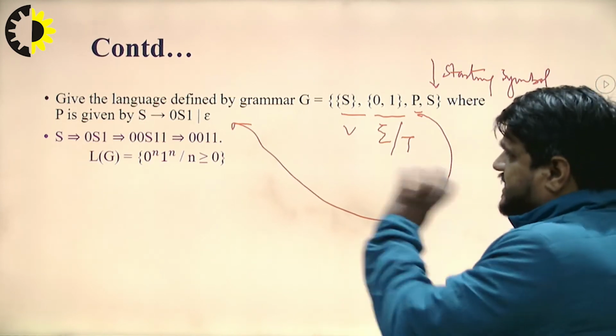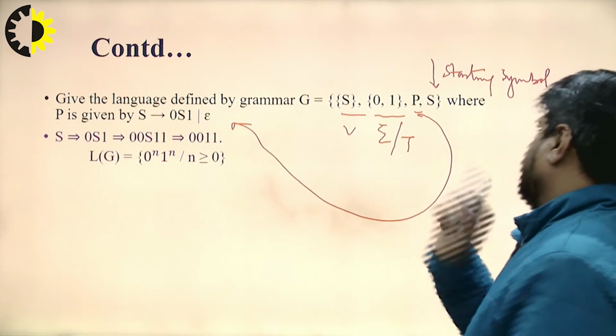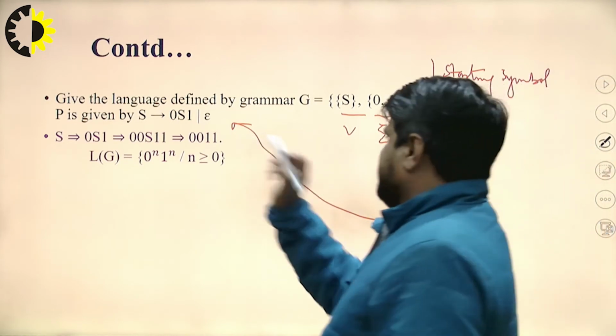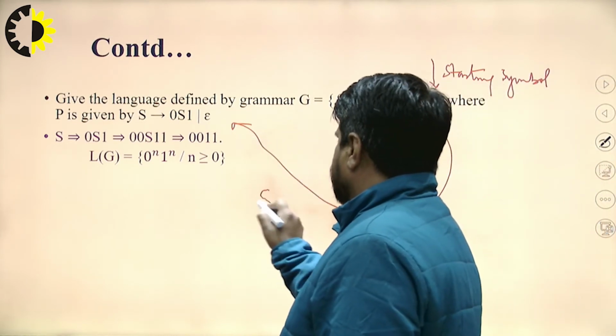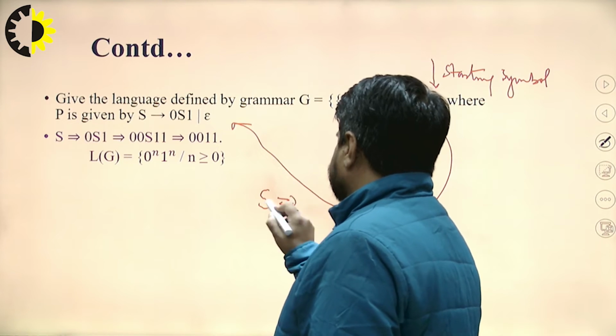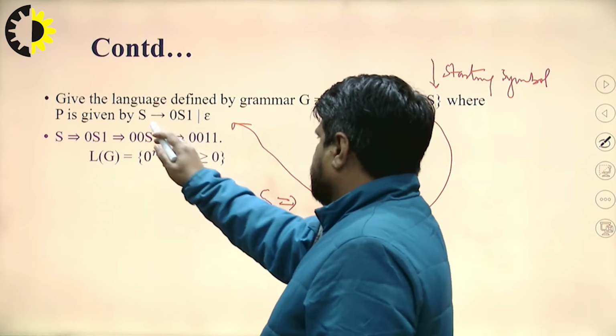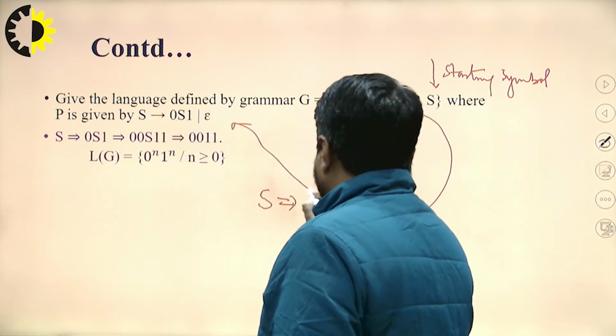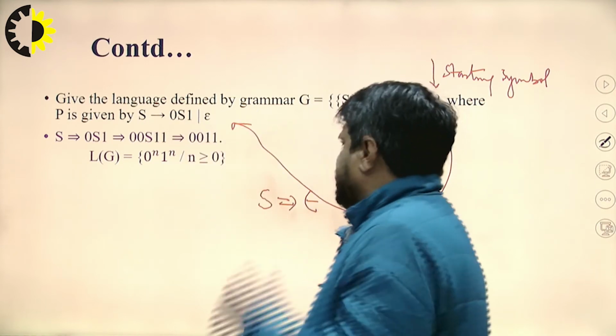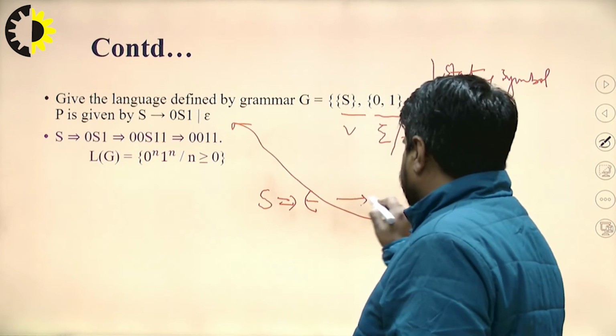So what type of language will it generate? You can see from here once again. You will start from the starting symbol. What is the derivation? Either S derives epsilon. If I replace S by epsilon, then the string we achieve is epsilon.